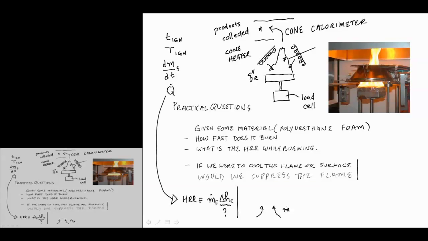I'm injecting some fuel into the system. I get burning. I measure the temperature somewhere over here. I draw some control volume here, and I say that the enthalpy in is equal to the enthalpy out plus whatever energy addition that I put in, and I can figure out what the energy release rate is. So, a simple energy balance on the system.